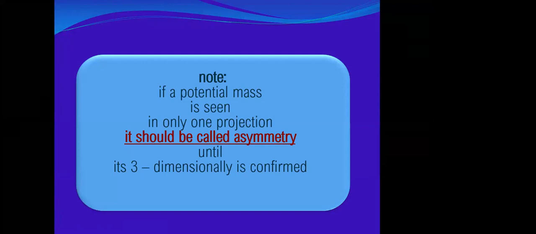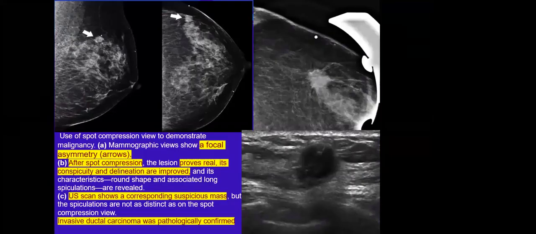As we mentioned, if a potential mass is seen in only one projection, it should be called asymmetry until it is three-dimensionally confirmed.